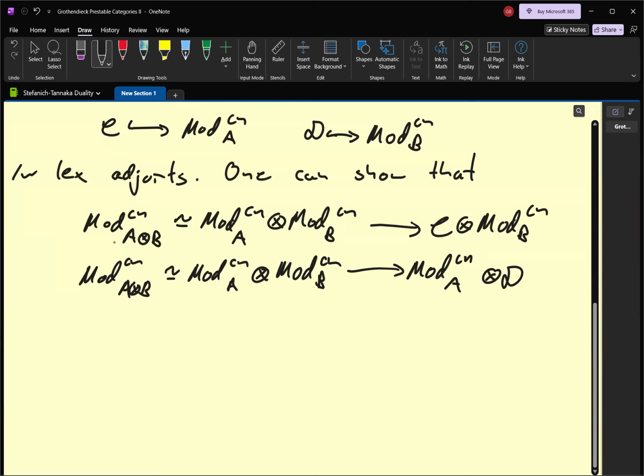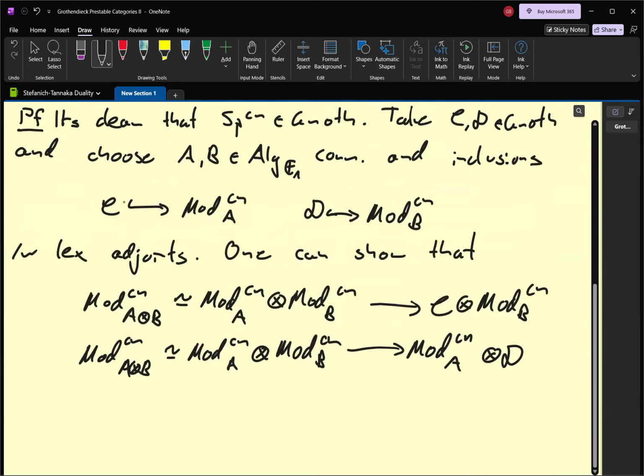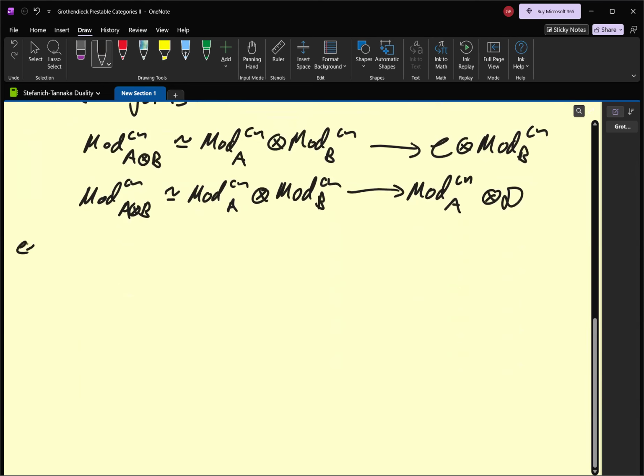I misread my notes. What you want to do is do this in reverse. You want to take C tensor Mod_B and include it into here, and do it the other way, and then you want to show that these are both fully faithful and admit left exact left adjoints. Left exact functors exist like this.